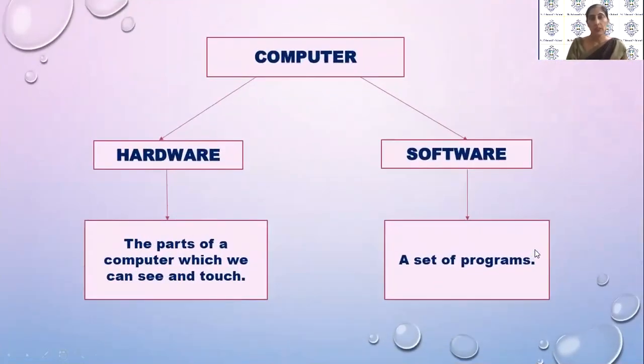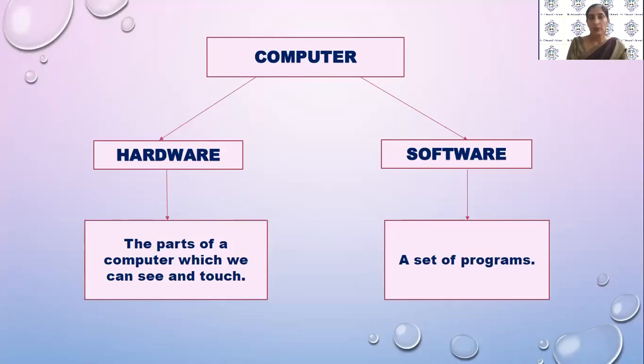Now, on computers, we work mainly on two of its components, that is the hardware and the software. Now, hardware, all the parts of the computer which you can see and touch, they are known as hardware. And software are the set of programs or the set of instructions on which a computer works.